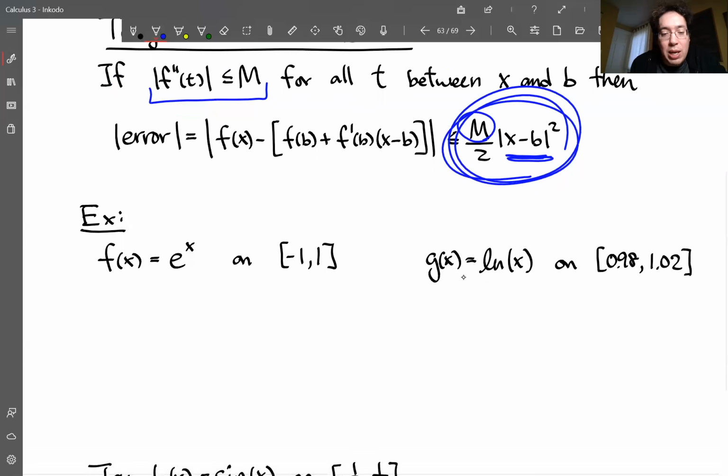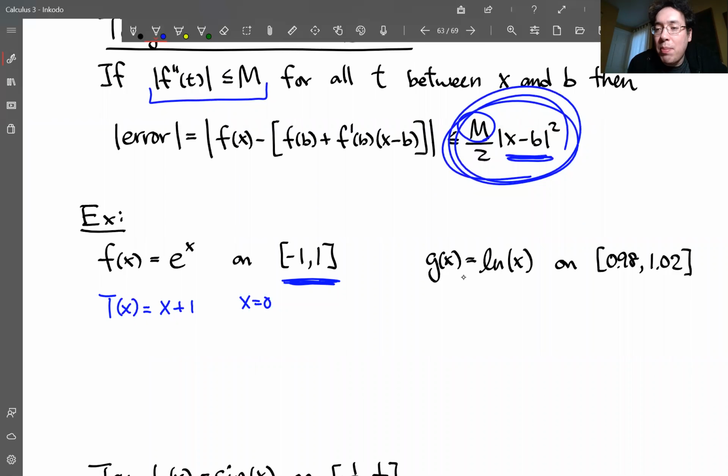So we had a couple of examples earlier. We know that the function e to the x has tangent line x plus 1 when it's tangent at 0. And let's see what's the worst case scenario, like how large could the error be if I'm looking at the interval from -1 to 1.